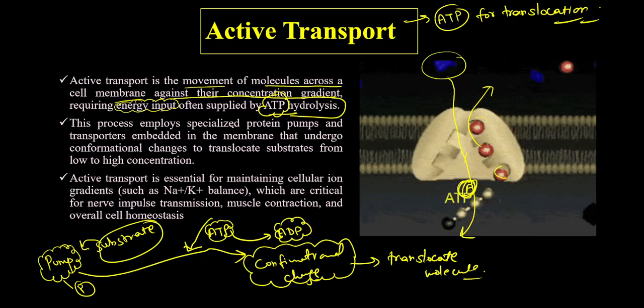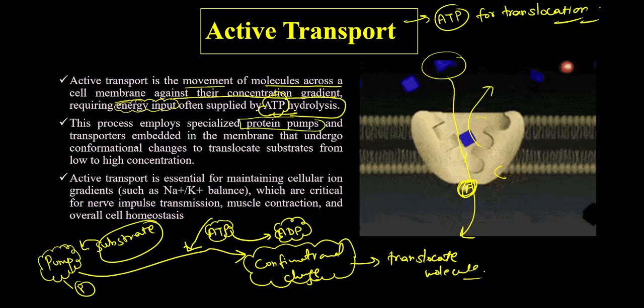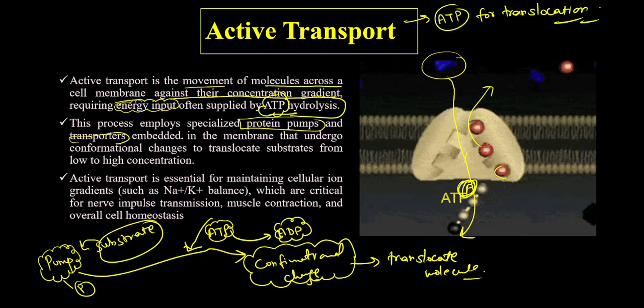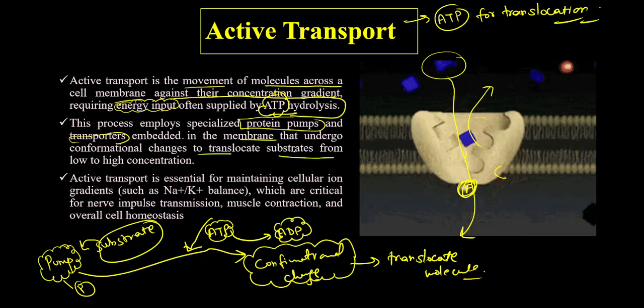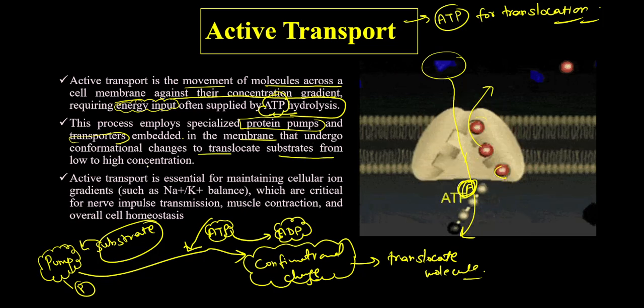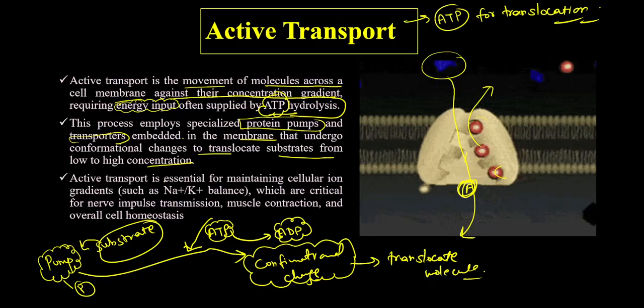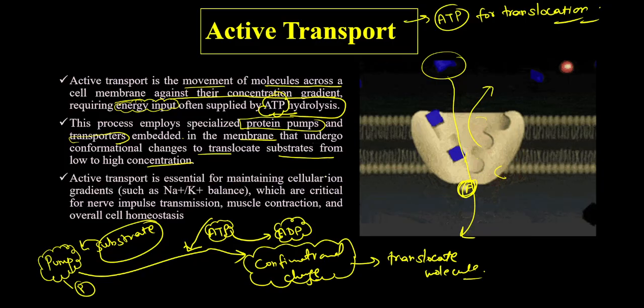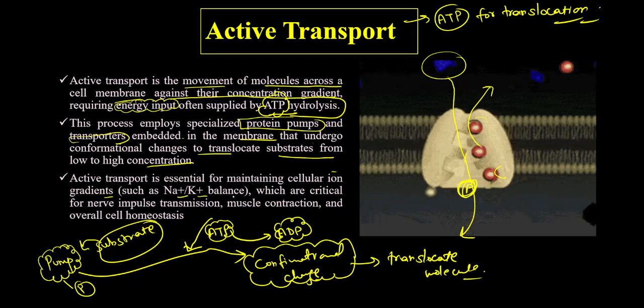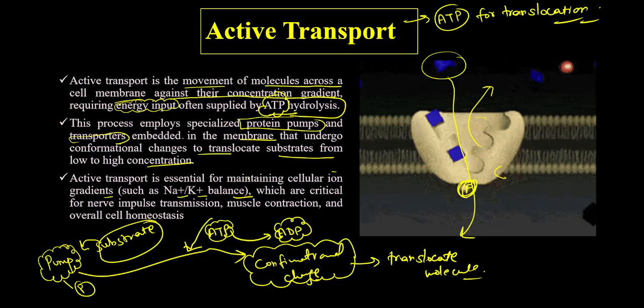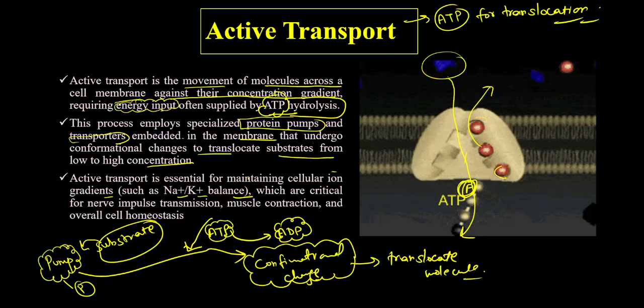The active transport employs specialized protein pumps and transporters embedded in the membrane that undergo conformational changes to translocate substrate from low to high concentration. Okay, active transport is essential for maintaining cellular ion gradients such as sodium potassium ion balance. We will discuss the sodium potassium pump in the next slides.